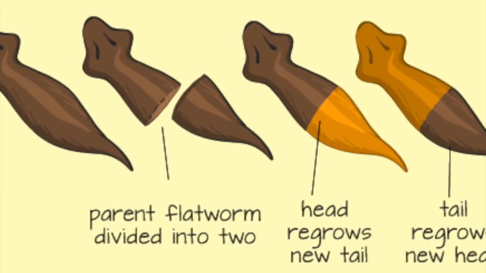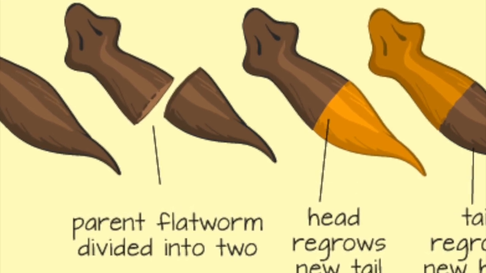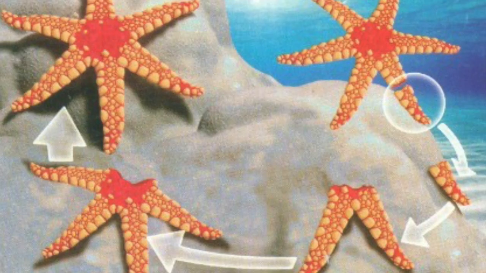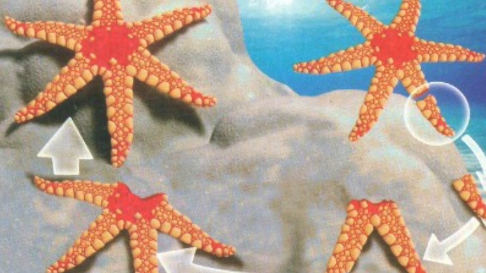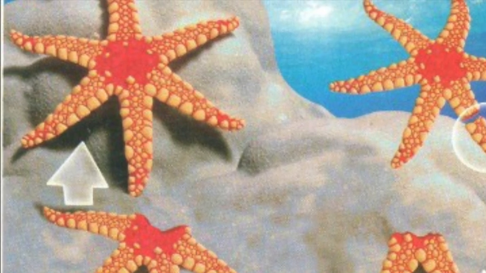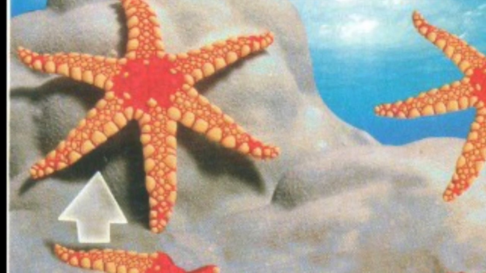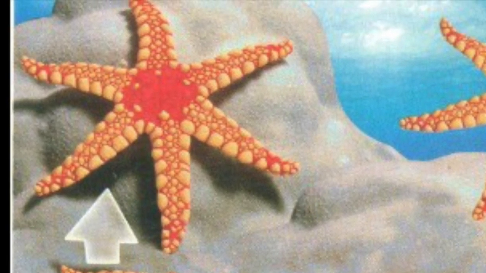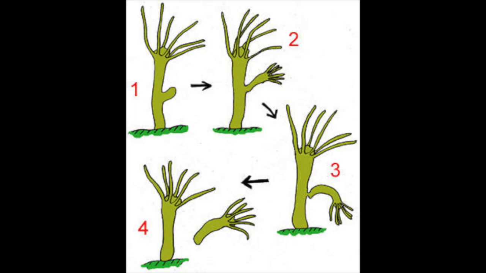Flatworms can reproduce asexually by just being split in half or cut in any portion, and they will reproduce two separate organisms. Starfish, you've probably heard many stories about whenever they cut up the starfish and threw them back into the ocean, they reproduced and multiplied so much because they continue to reproduce asexually.